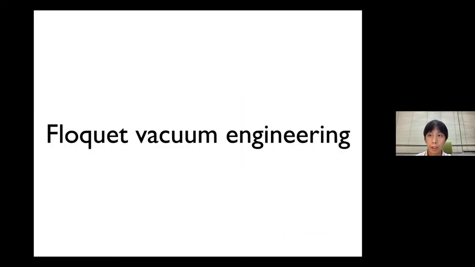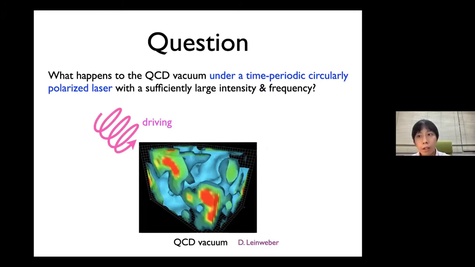Maybe, let me now change gear to another question of the QCD phase structure. Suppose that we have the QCD vacuum and we want to ask what happens to the QCD vacuum when we apply a time periodic circularly polarized laser with a sufficiently large intensity and frequency.